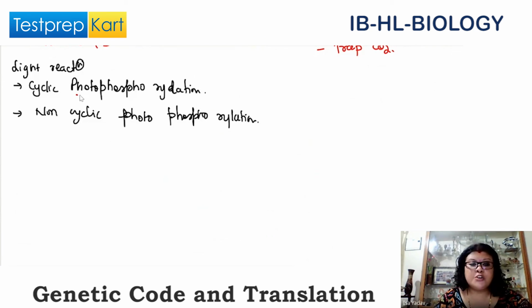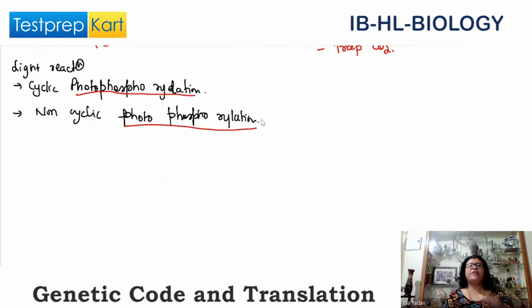Here, phosphorylation is the addition of phosphate group. So cyclic photophosphorylation produces only ATP. Okay, only ATP.